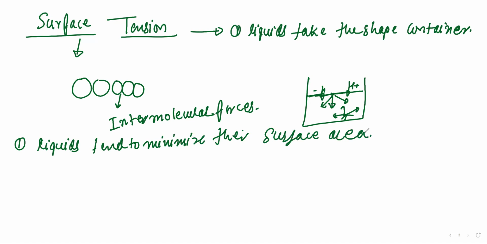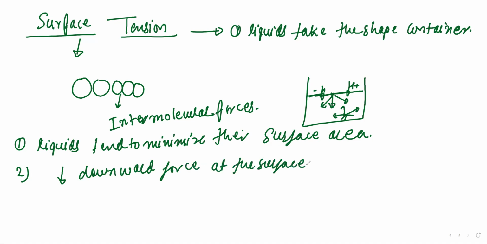The molecules on the surface experience a net downward force, right? So the liquid molecules at the surface experience a downward force and have more energy than the molecules in the bulk.